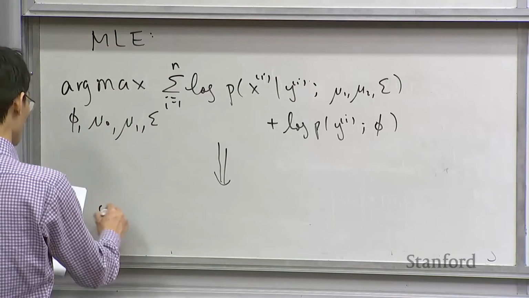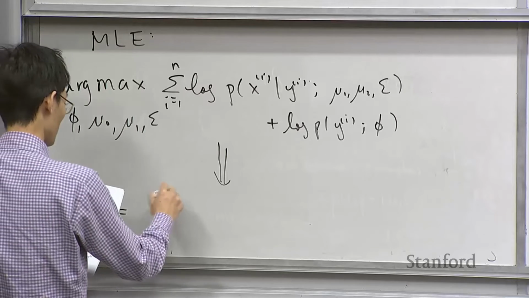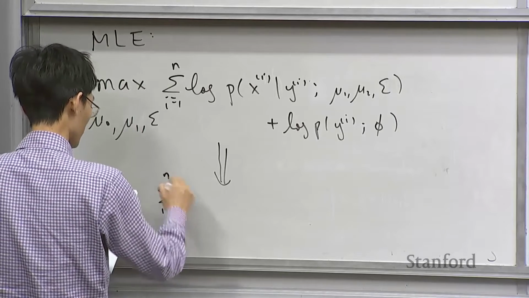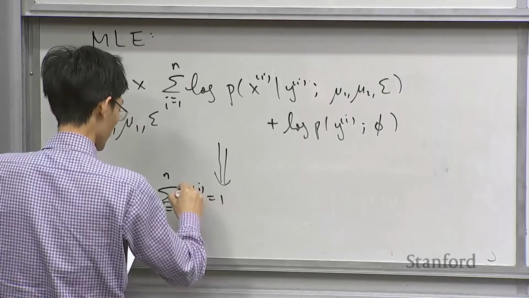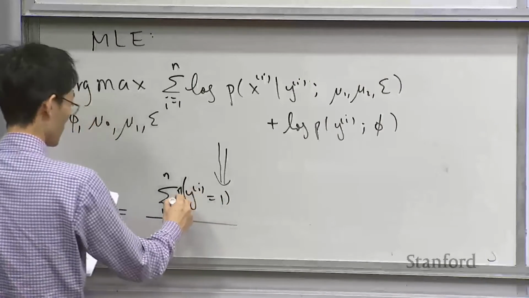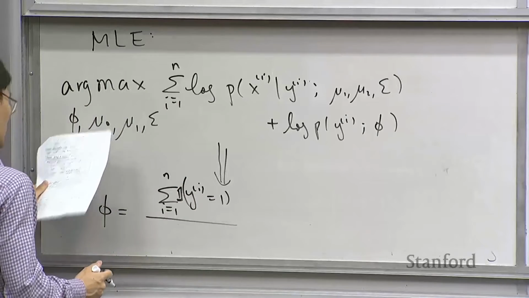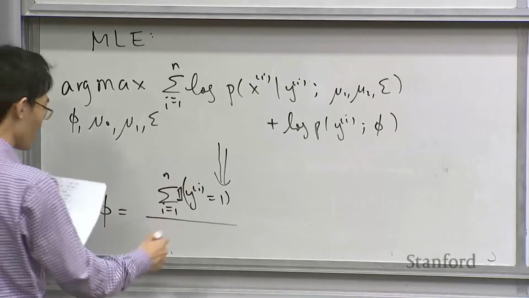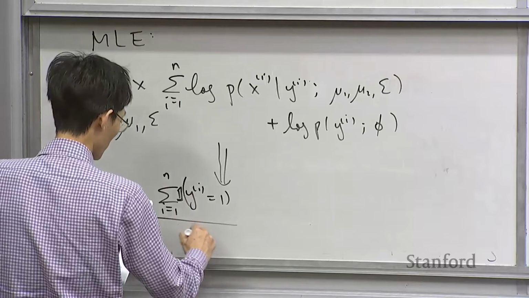The formula for phi was of this form, with this indicator function: basically the numerator here is the number of positive examples, divided by the total number of examples.